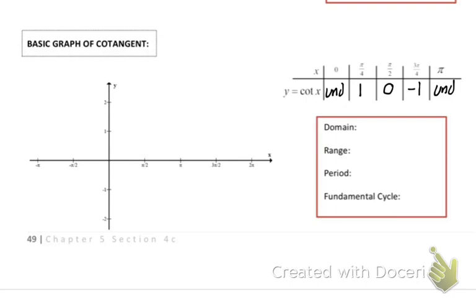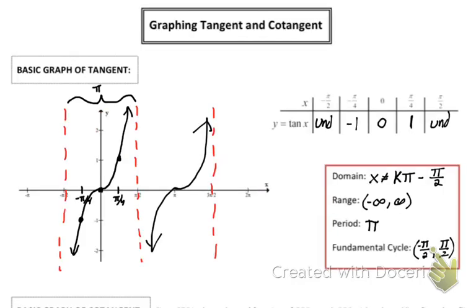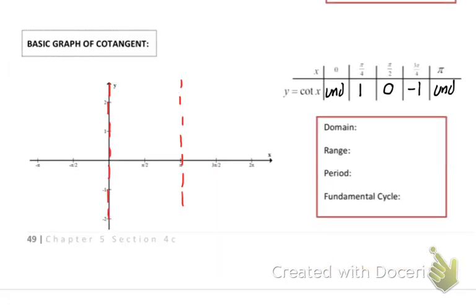All right, to graph this, we're just going to put a vertical asymptote wherever it's undefined, so that's here, and there's one at pi. So we can already see between tangent and cotangent, tangent goes from negative pi over 2 to pi over 2, and cotangent is shifted over.